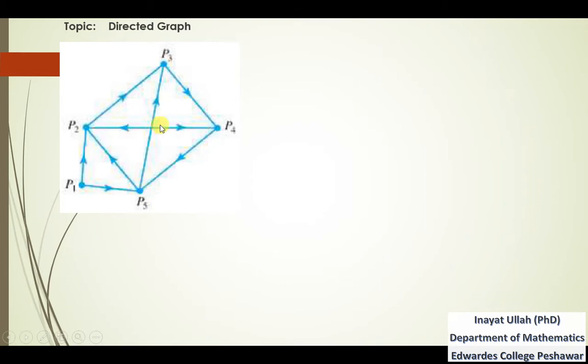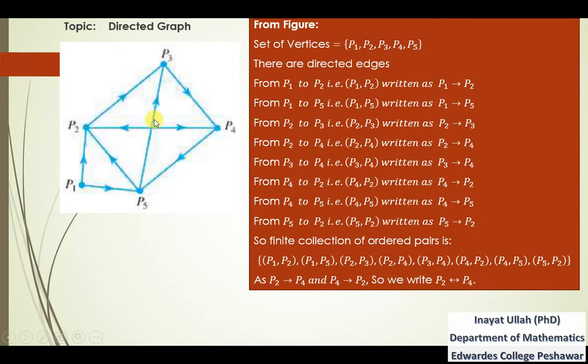So this kind of graph is a directed graph. For this figure, the set of vertices is all those pi's, p1, p2, p3, p4 and p5. These are the vertices for this graph, and there are directed edges.